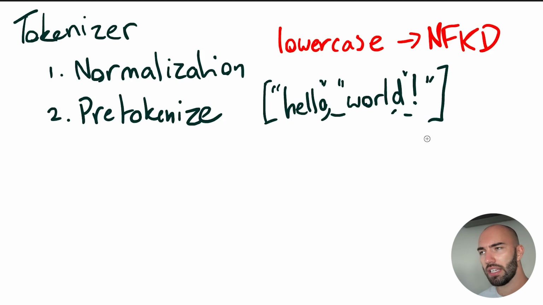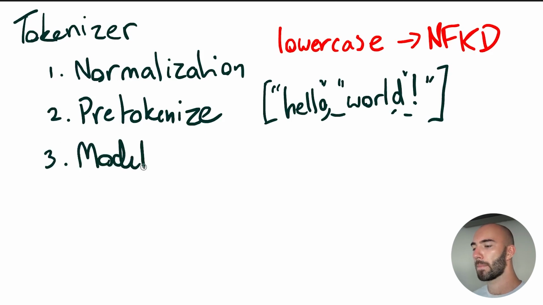And then after that, we actually have the model or the tokenizer itself. Now, this is where you have something like a WordPiece tokenizer, which is what we're going to use. WordPiece is the tokenizer that BERT uses, and later on we're going to be using BERT models, so that's why I've stuck with WordPiece.